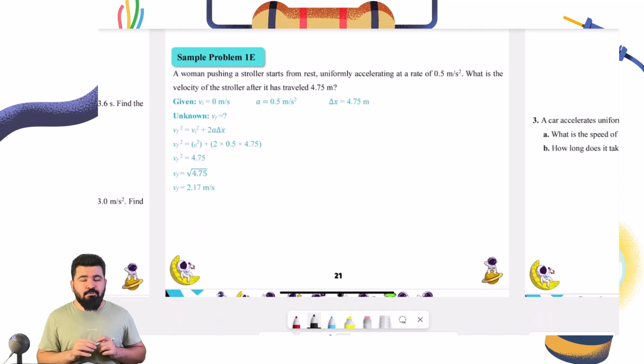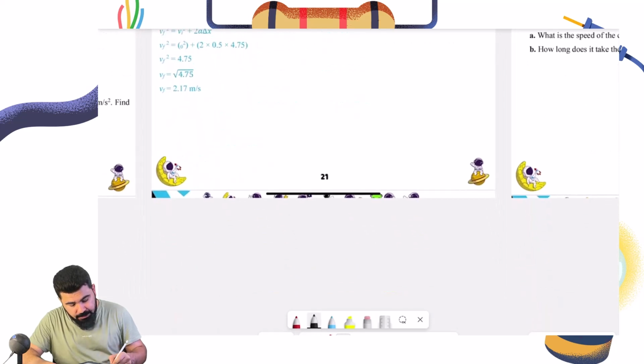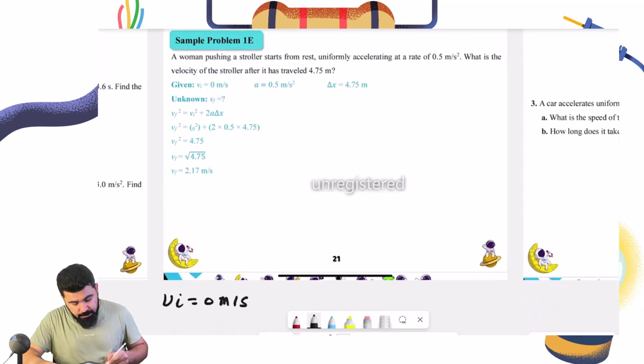We reach sample problem 1E. Let's read the question. It says, a woman pushing a stroller starts from rest. Remember, starts from rest means what? Means V initial is equal to 0 meters per second. Uniformly accelerating, so acceleration is equal to 0.5 meters per second squared.